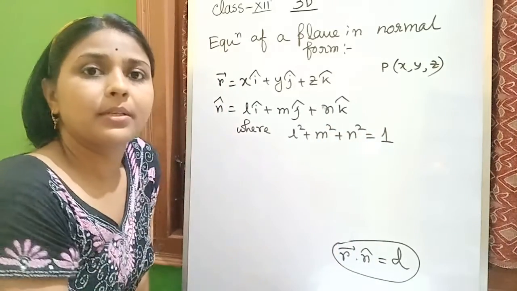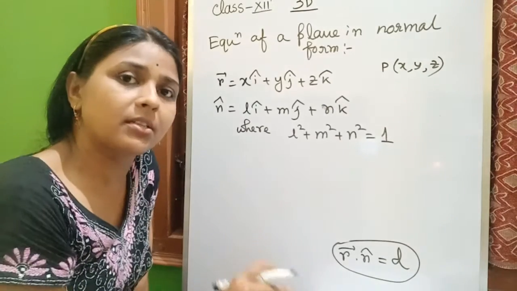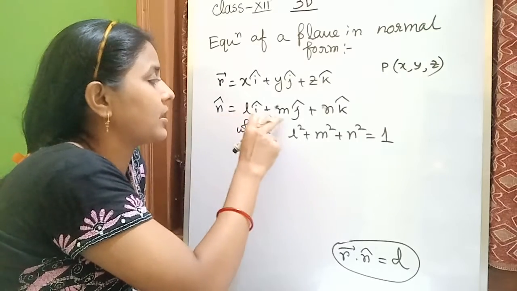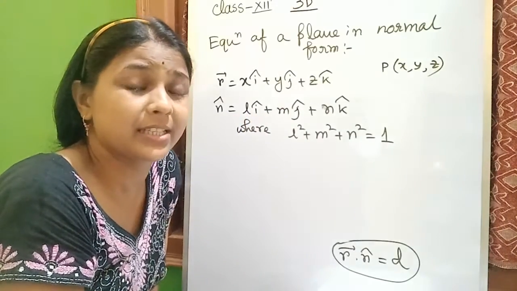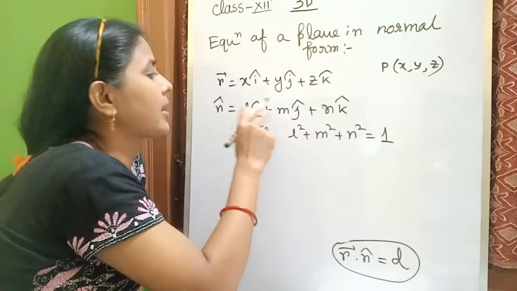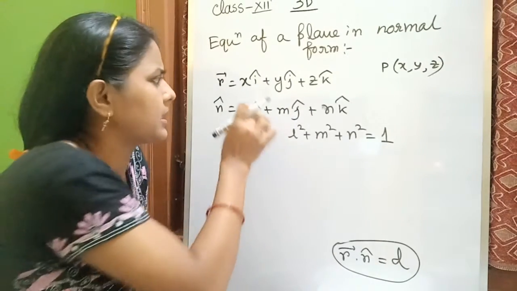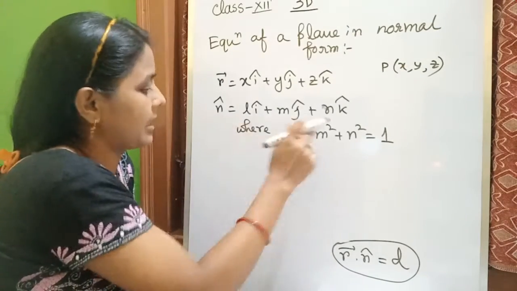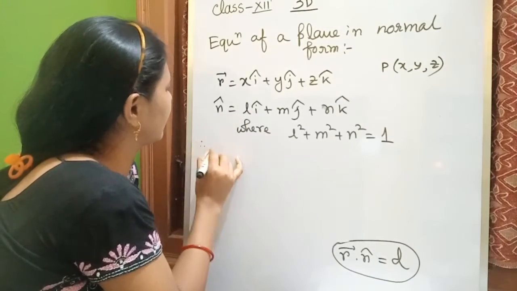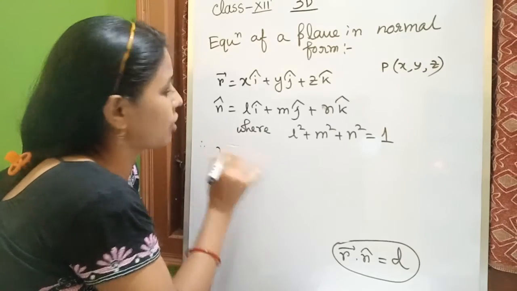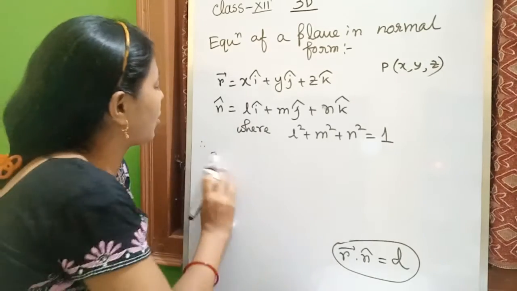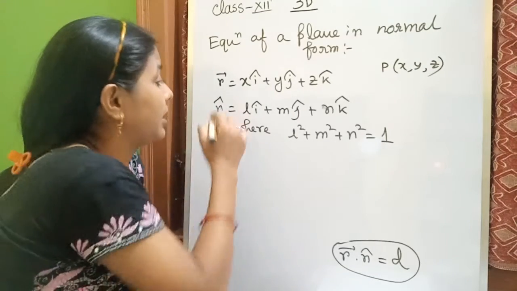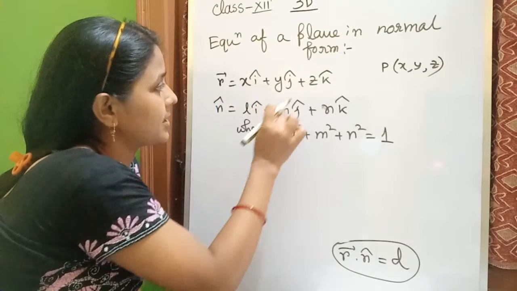Because n cap is the unit vector, and in the vector chapter I told you, if n cap is a unit vector, then its scalar components represent direction cosines. That's why I have written l, m, n here, because this is the general notation of direction cosines. Then this is r dot n cap. You all know that if two vectors are given in component form, then their dot product will be this into this plus this into this plus this into this.